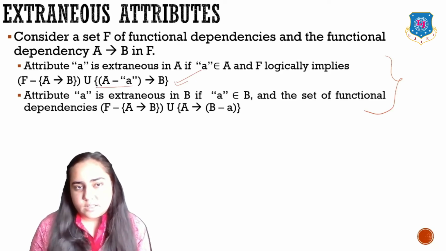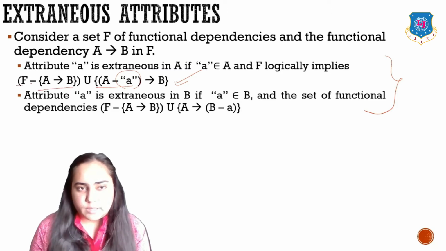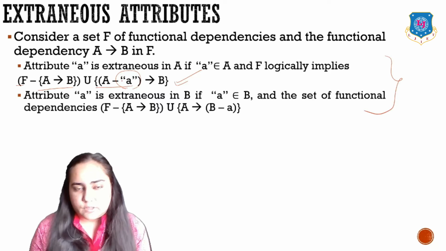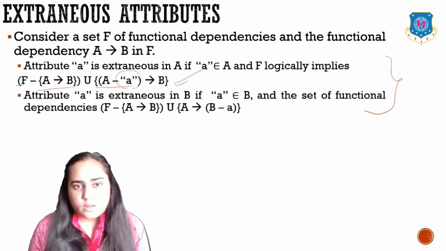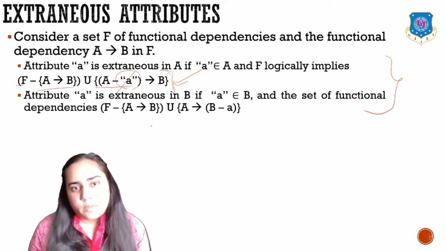If this is an extra attribute on the left side, and you remove the original dependency from F, which is a set of functional dependencies, and add this new dependency where the attribute small a is removed from the left side, and still whatever was your original set of dependencies, you can still generate those logically by applying Armstrong's axioms, then that means this was indeed an extra attribute and you can remove it.